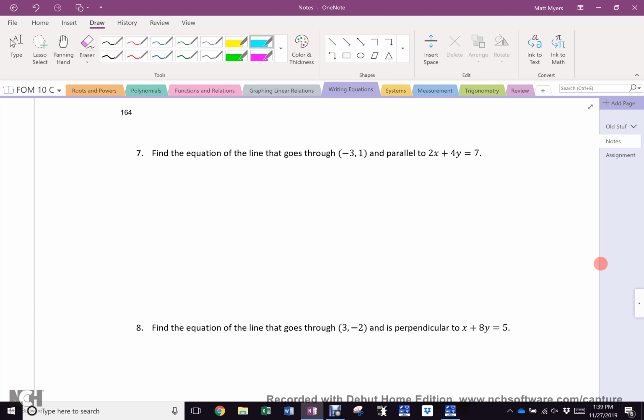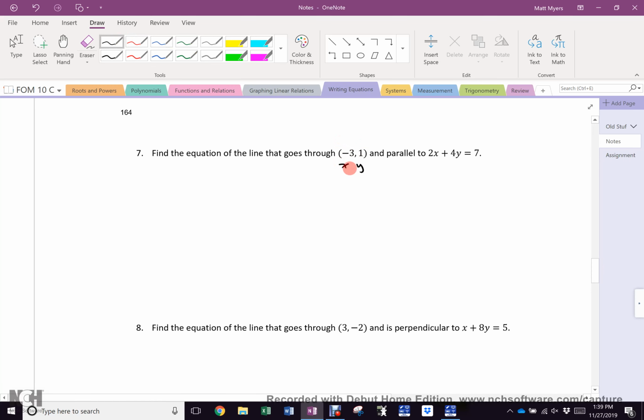What do I have in question 7? Okay. So what form should I use, since I have a point? Point-slope. So I've got my point. There we go. There's my x and my y.